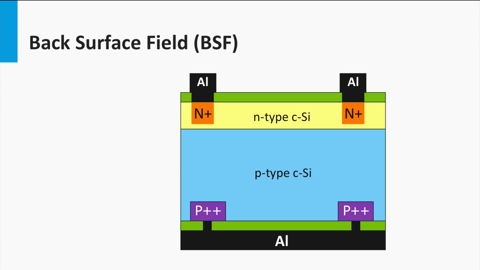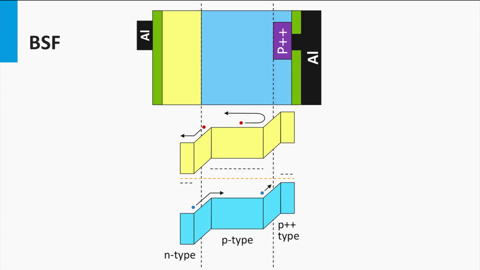How does the back surface field work? For the moment we have put the solar cell on its side. Below the solar cell you see the band diagram indicating the various interfaces. The interface between the lower doped P region and the higher doped P region acts like a PN junction.